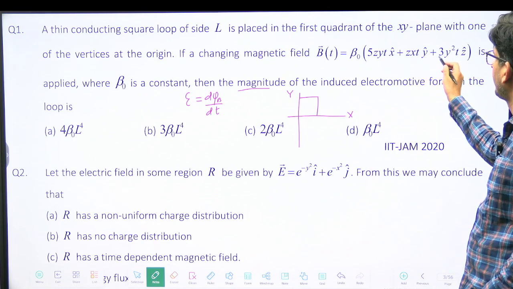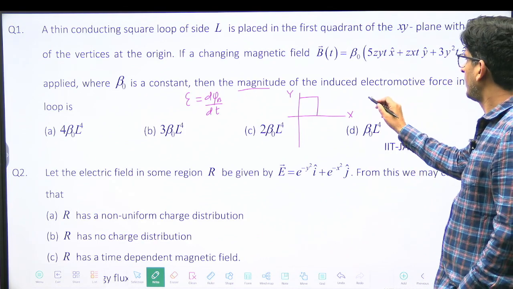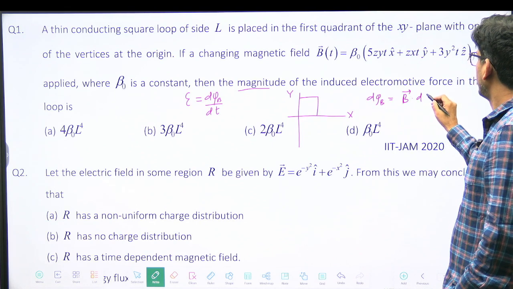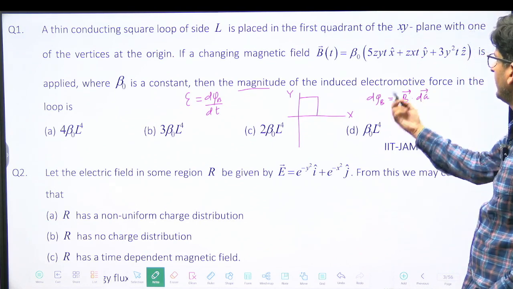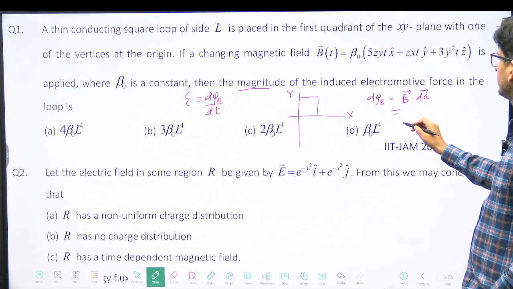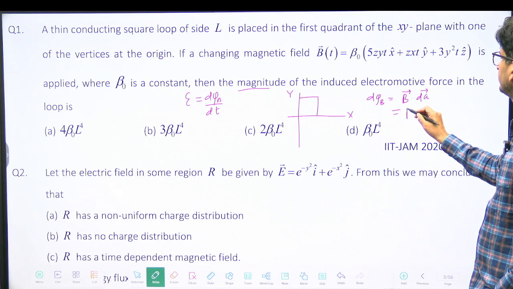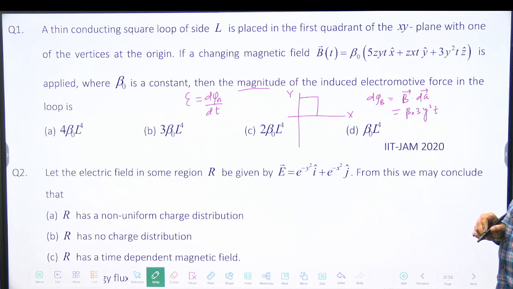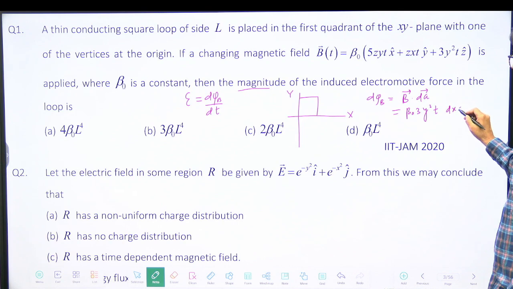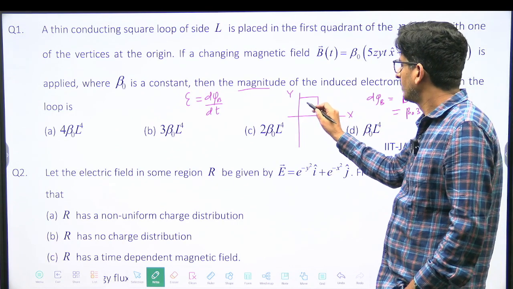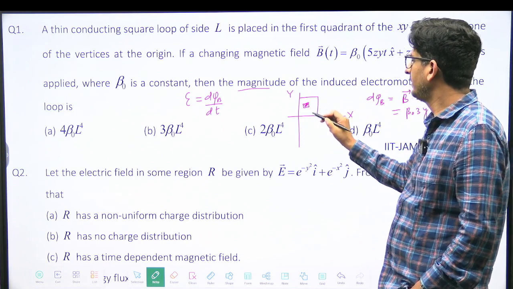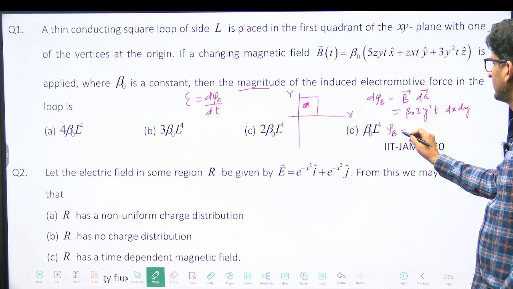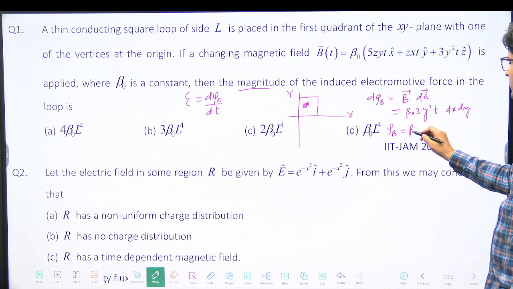So B dot A. So a small magnetic flux will be given by B dot dA, and that will be equal to, so dA is in z cap direction, so only this much will survive, B naught beta naught 3y square t, and dA will be dx dy, because this is xy plane, so a small area here will be dx dy.